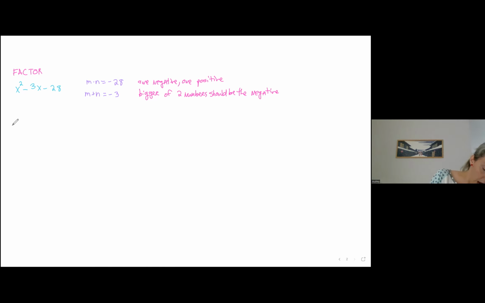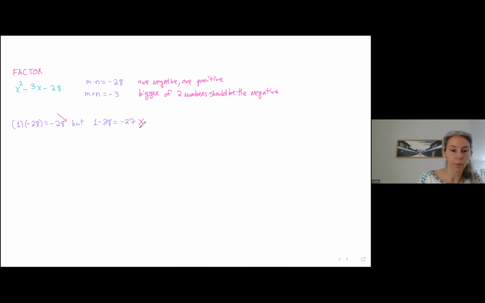I know that 1 times 28 is equal to 28. Now I know that the bigger number should be negative. So 1 times negative 28 is equal to negative 28. But here we have that 1 minus 28 is equal to negative 27. So the product worked, but that sum did not work.